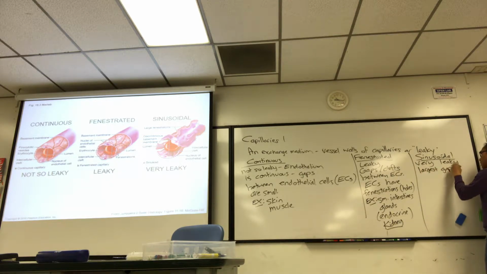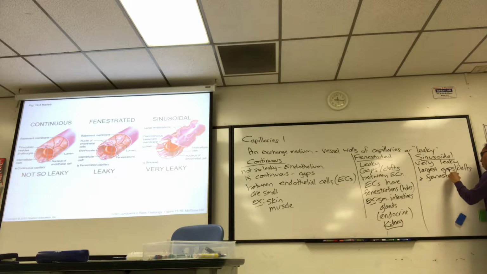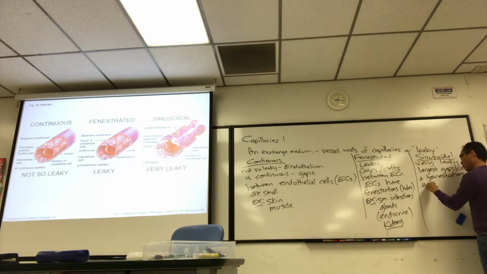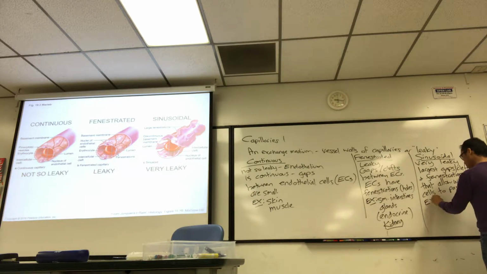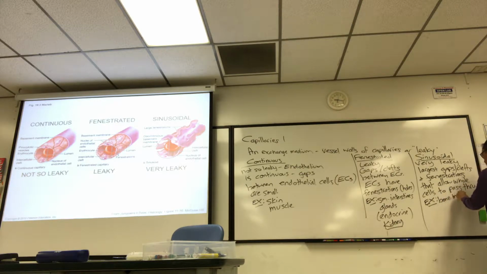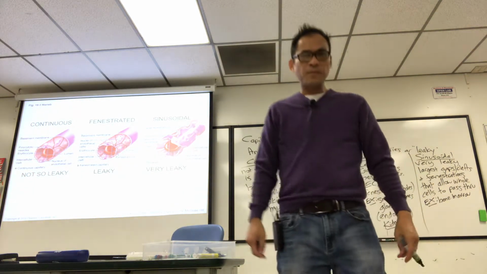The best example are the sinusoidal capillaries in the bone marrow, because the bone marrow produces the blood cells, and so the blood cells have to get into the bloodstream after they're made.